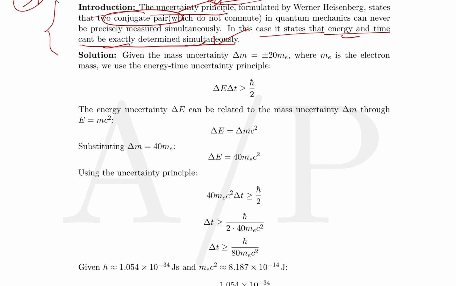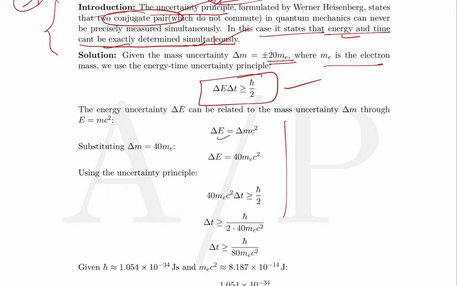Now, given the mass uncertainty, ΔM is equal to plus minus 20 mₑ, where mₑ is the electron mass, we use the energy-time uncertainty: ΔE ΔT is greater than or equal to ħ/2, the basic expression of the uncertainty principle. Now energy E is equal to mc², so ΔE becomes ΔM into c².